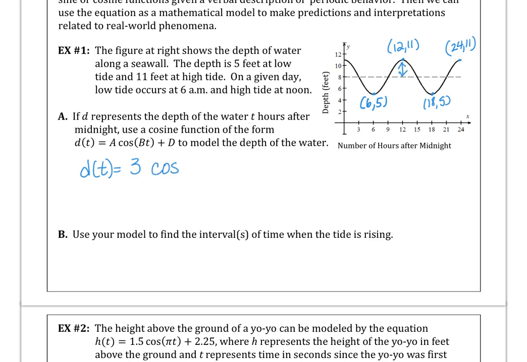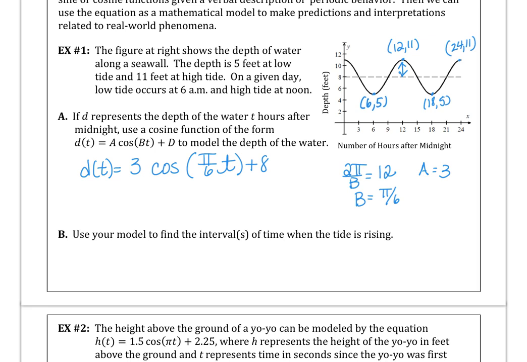And for cosine, we would use pi over 6 t, I believe. And our midline is at 8. Let's verify that. If 2 pi over b is the period and the period is 12, then b must be pi over 6. And we knew the a value was 3.